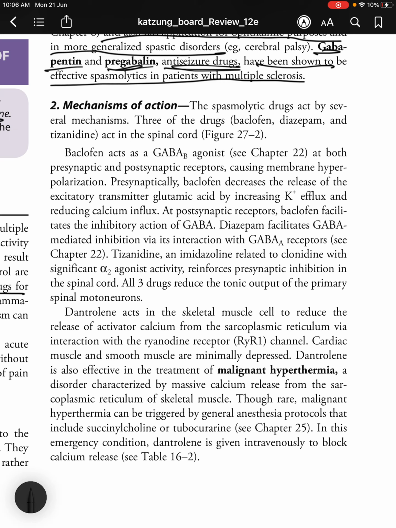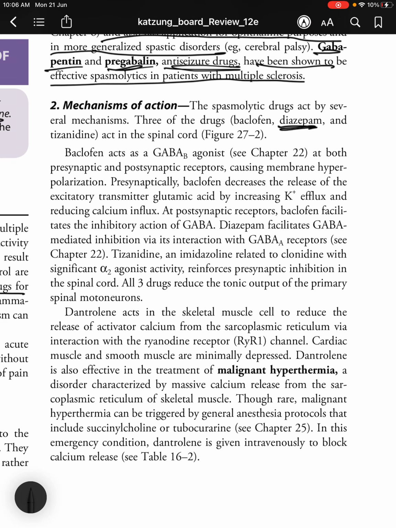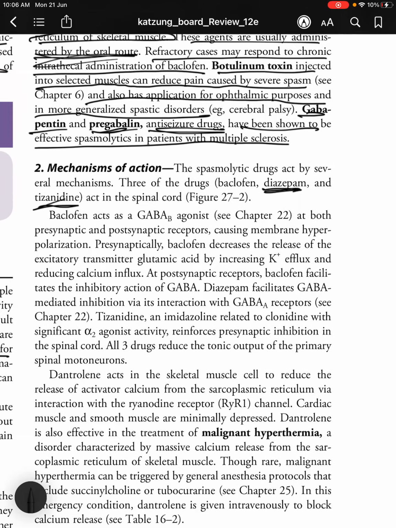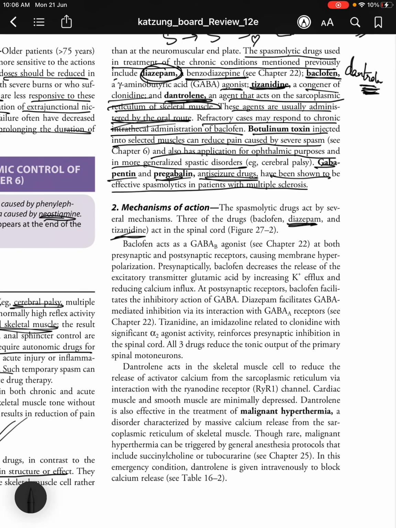Coming to the mechanisms of action, the spasmolytic drugs act by several mechanisms. Three of the drugs, baclofen, a GABA agonist, diazepam, which is a benzodiazepine, and tizanidine, which is a congener of clonidine, act in the spinal cord. Baclofen acts as a GABA-B agonist at both presynaptic and postsynaptic receptors, causing membrane hyperpolarization.